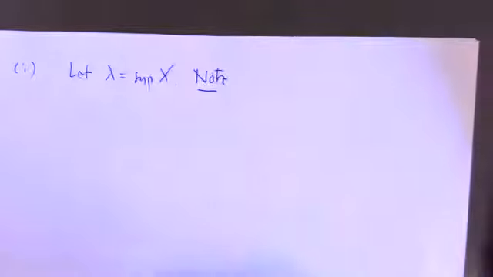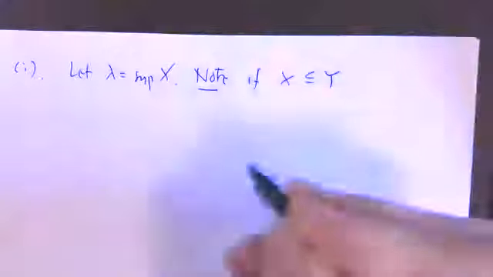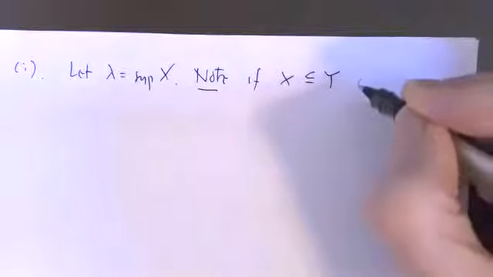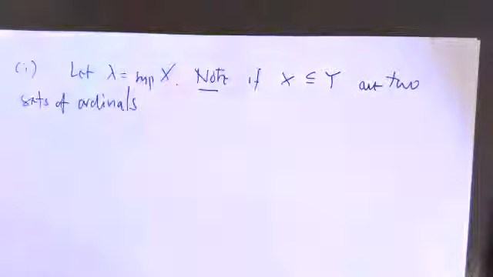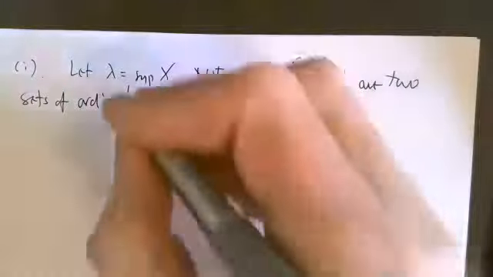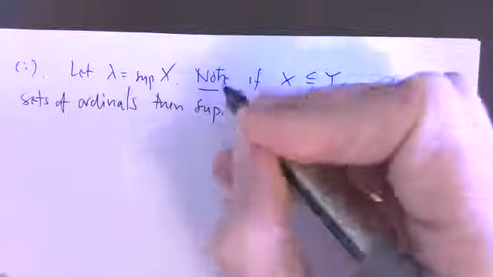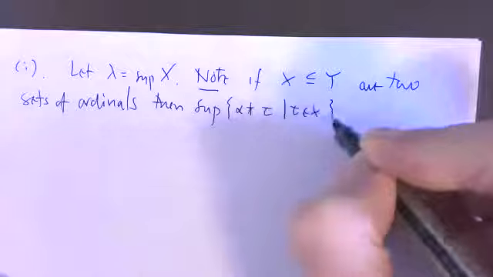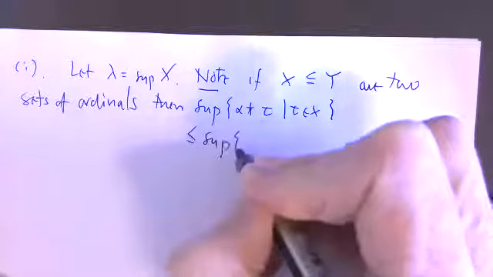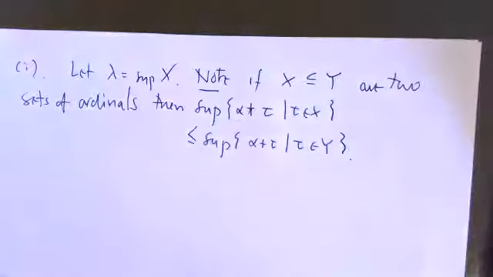So we make some observation. If I've got sets of ordinals, X a subset of Y, then the supremum of the alpha plus tau for tau in X is less than or equal to the supremum of the alpha plus tau for tau in Y. Nothing fancy there.